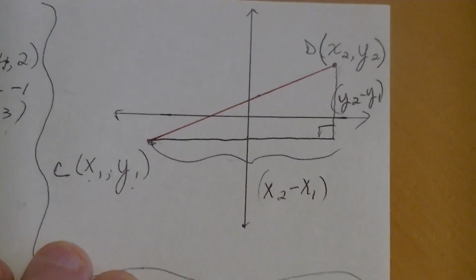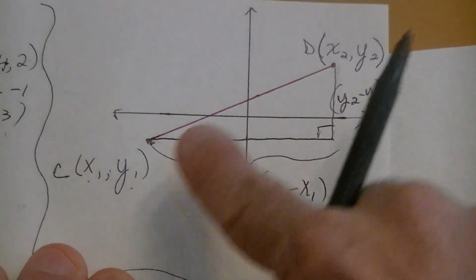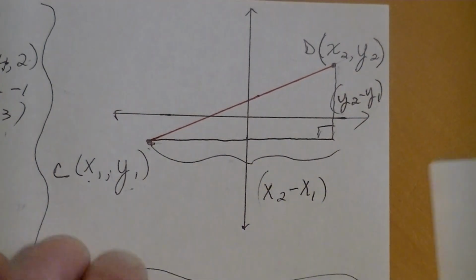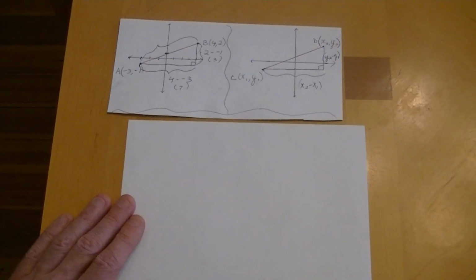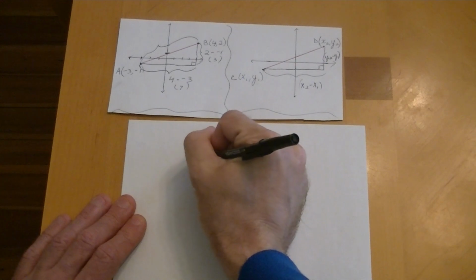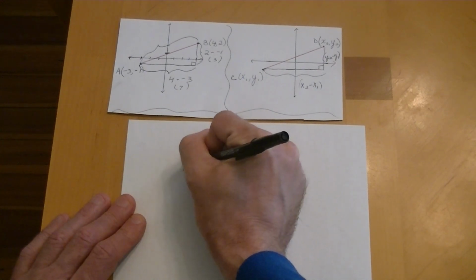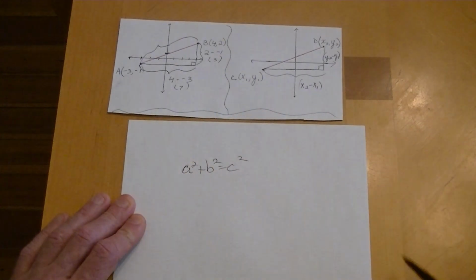So if I didn't know the distance formula, the Pythagorean theorem would still allow me to figure out how long that red segment is, the distance from C to D. Let me zoom out a bit. The distance from C to D is going to be, according to the Pythagorean theorem, a squared plus b squared equals c squared.